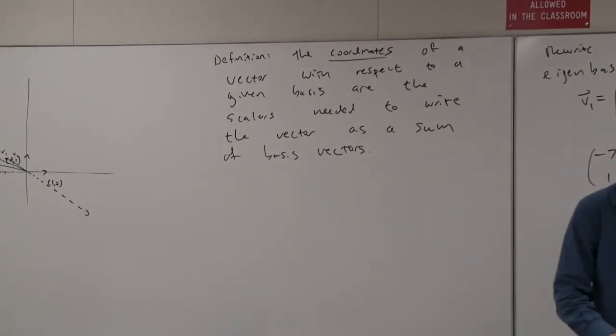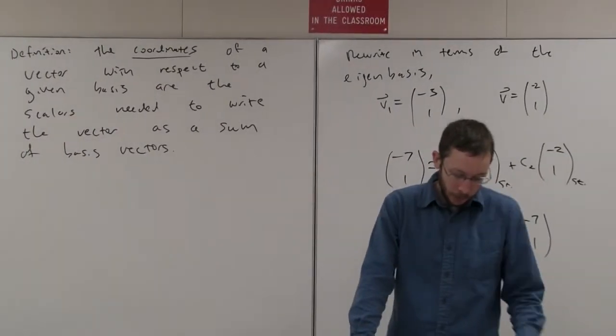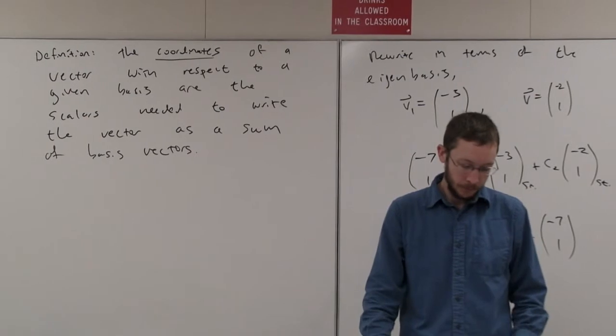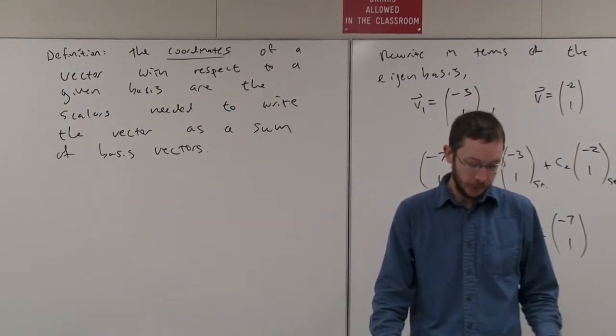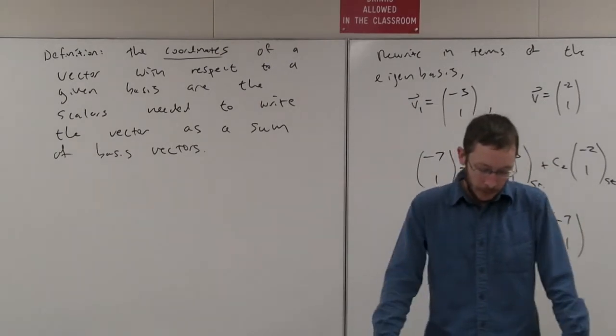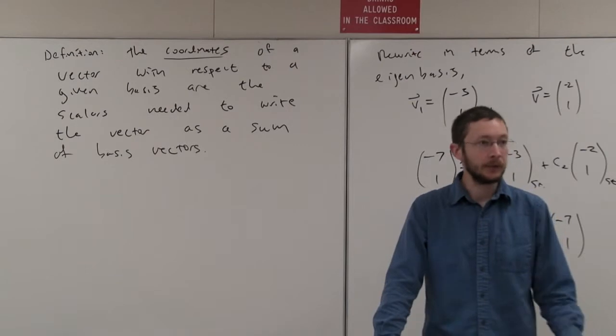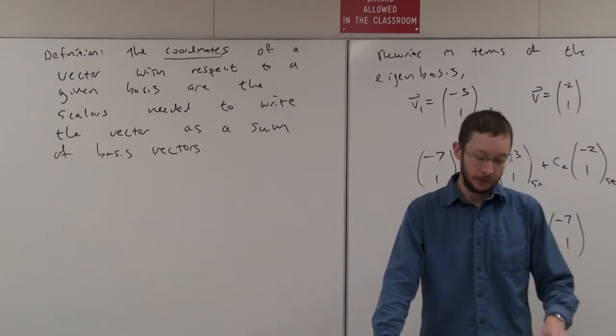So what we're going to do is start rewriting this transformation, the one with the messy numbers, and we're going to do it using the eigenbasis rather than the standard basis.